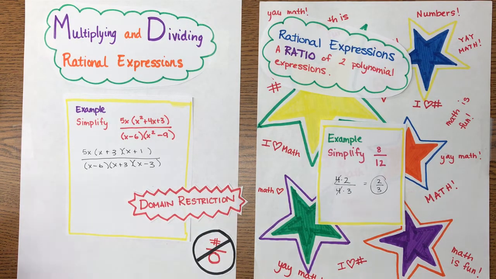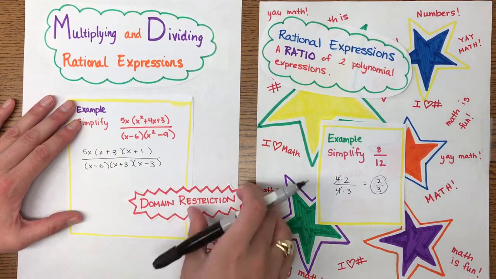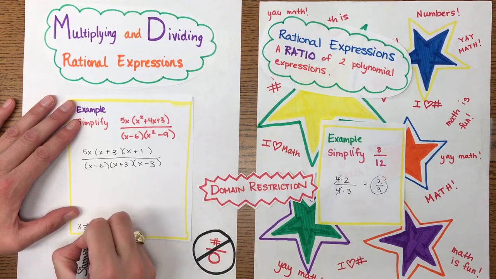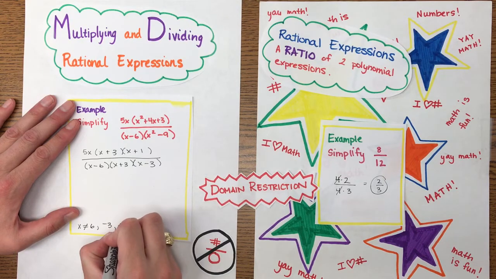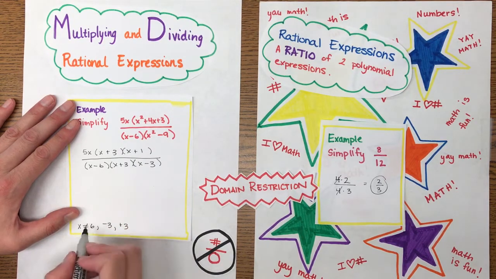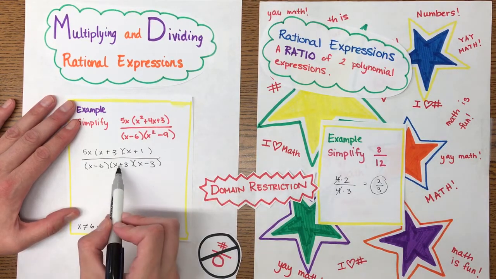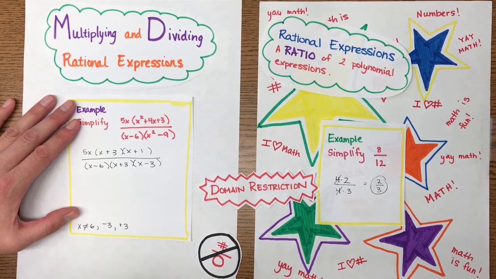So I need to do my domain restrictions before I simplify. Here I'm going to say x cannot be equal to 6, x cannot be equal to -3, and x cannot be equal to +3, because if I plug 6 in, my denominator is 0. If I plug -3 in, my denominator is 0. And if I plug 3 in, my denominator is also 0.